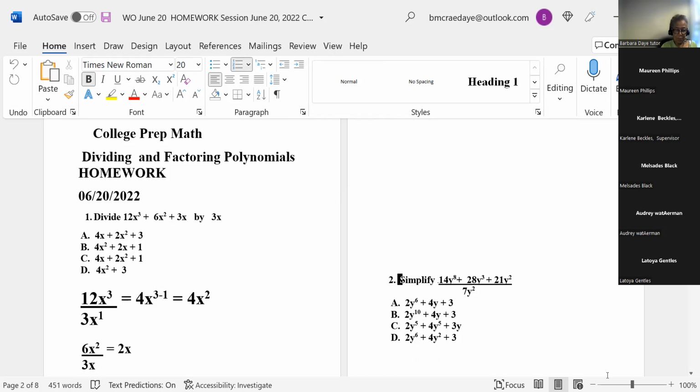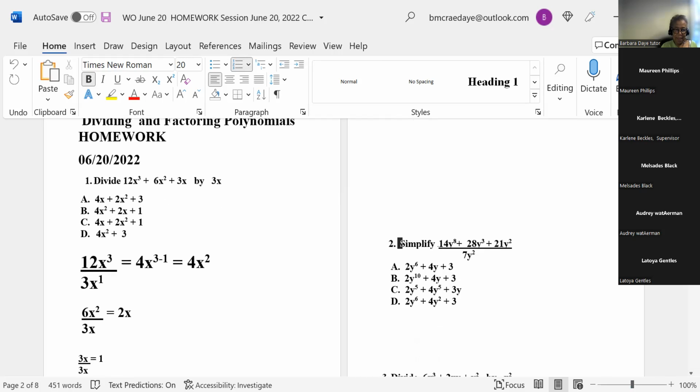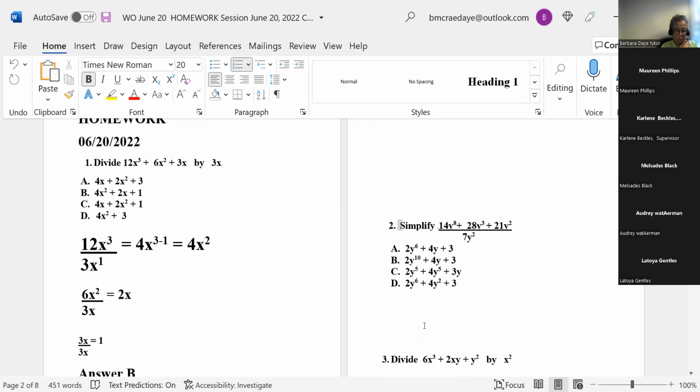Better? Okay. Now, following the same procedure we did for number one, Mercedes, you're going to take 14y to the 8th divided by 7y to the 2nd, 28y to the 3rd divided by 7y to the 2nd, and 21y to the 2nd divided by 7y to the 2nd.